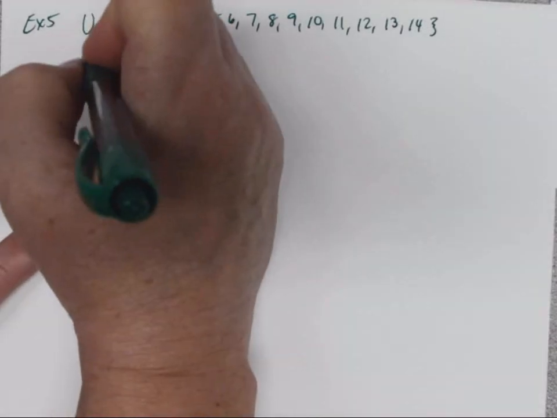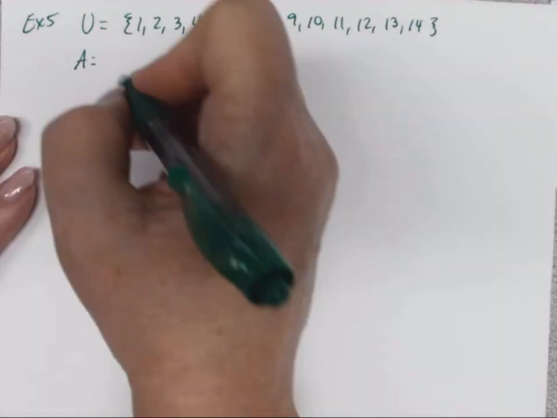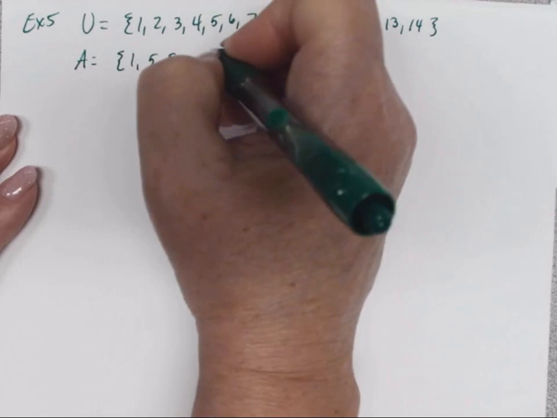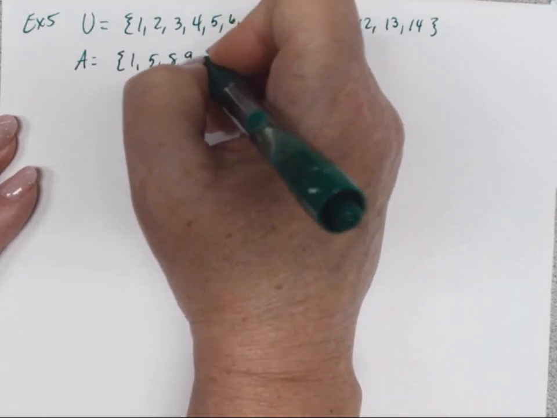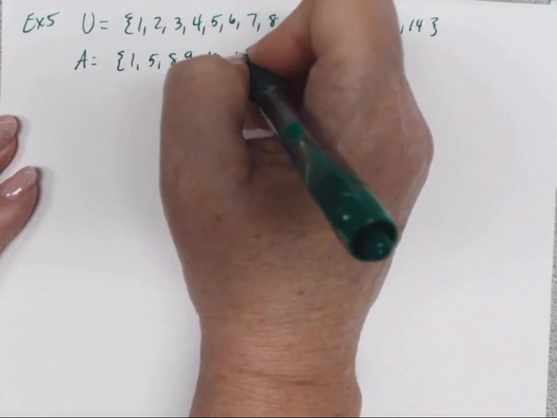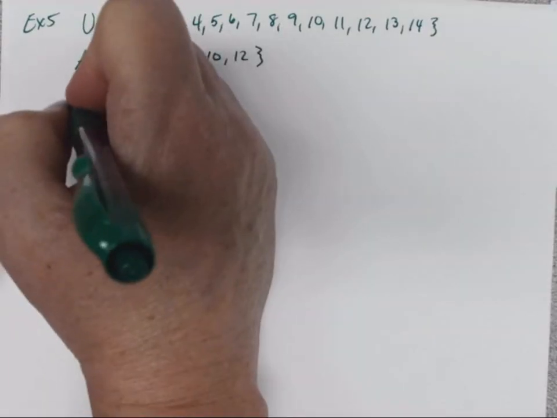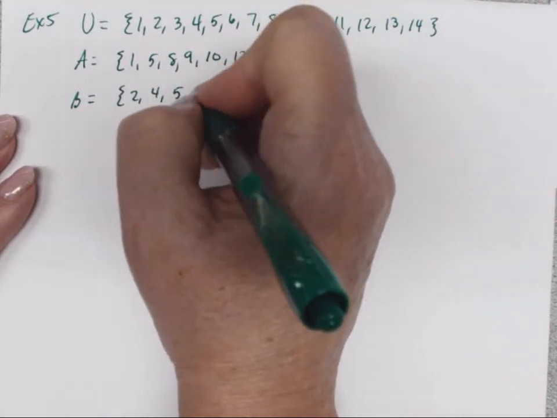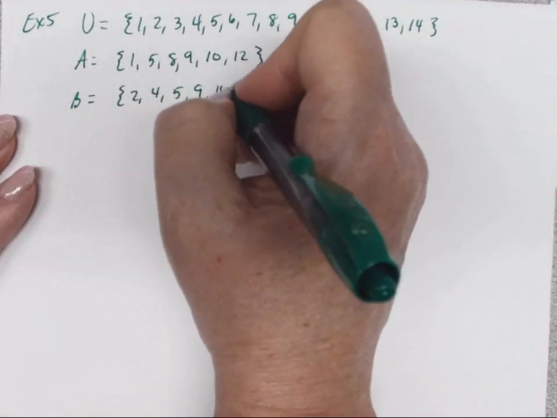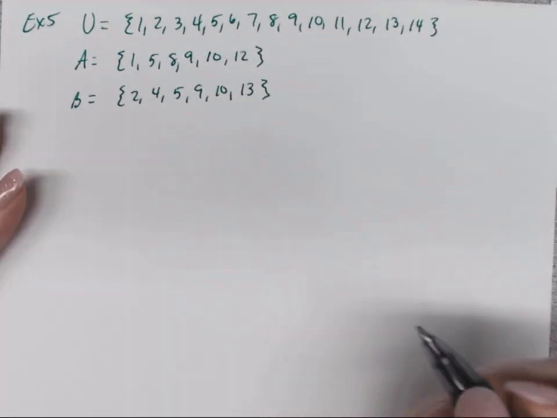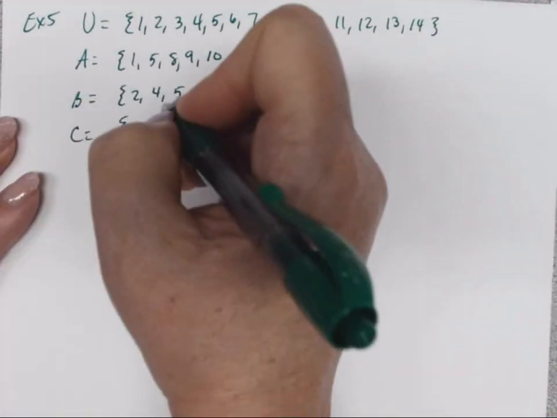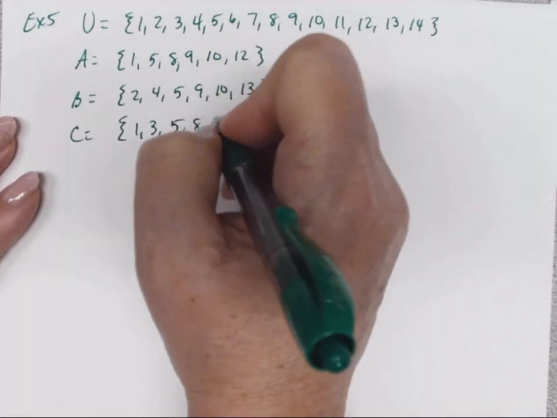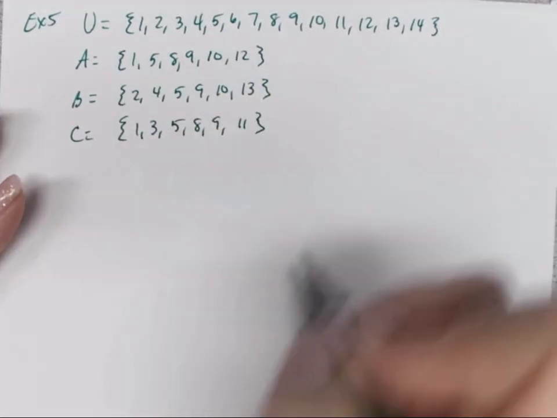Set A will be equal to 1, 5, 8, 9, 10, and 12. Set B is 2, 4, 5, 9, 10, and 13. And C is 1, 3, 5, 8, 9, and 11.